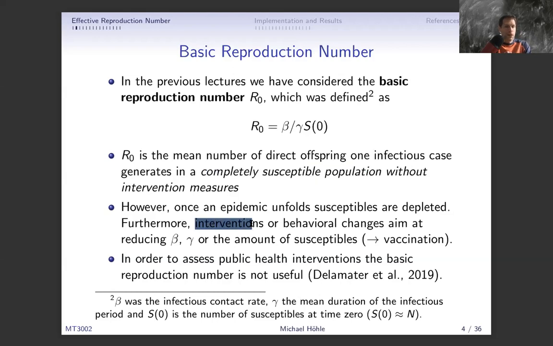And of course, also the society itself, for example, by governmental interventions, tries to make it easier for persons to perform these behavioral changes, or at least to guide them in the direction which is, from a public health perspective, good to try to minimize the impact of the disease.